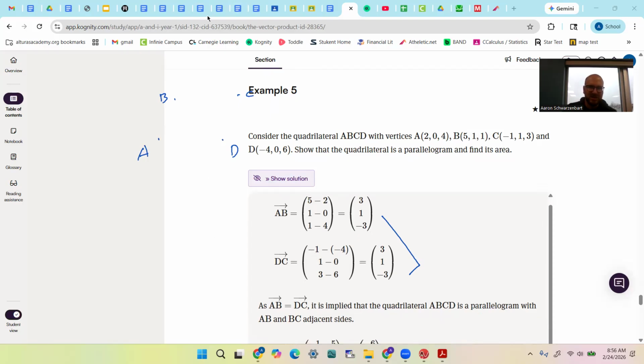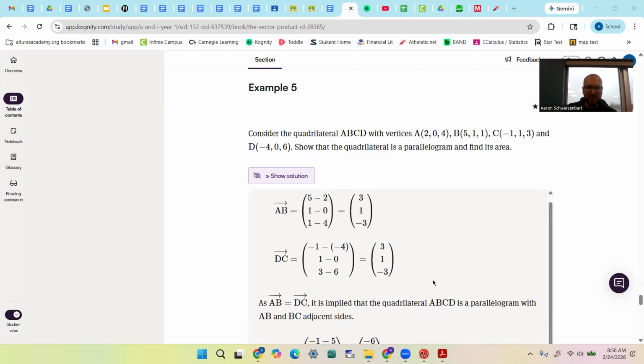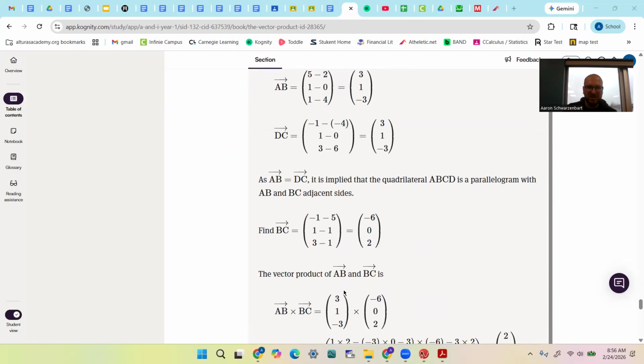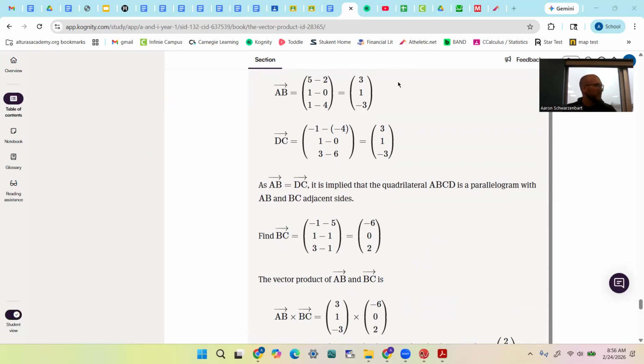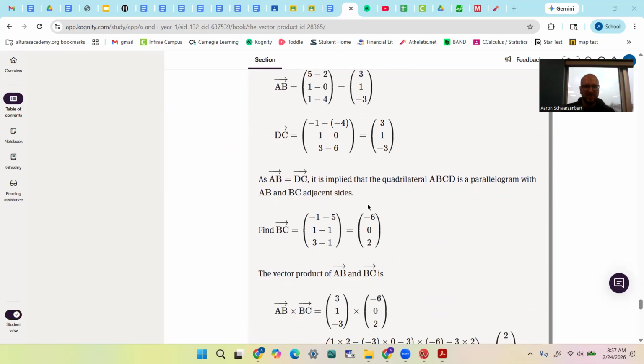I guess actually there's a property of parallelograms. I don't need to show the other sides. If they are equivalent in length and in the same direction, so equivalent vectors, you don't need the other side. If you have parallel and equal length, you have a parallelogram. That's one of the properties from geometry.